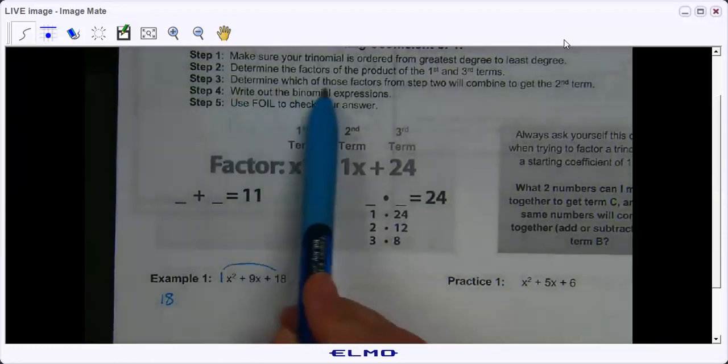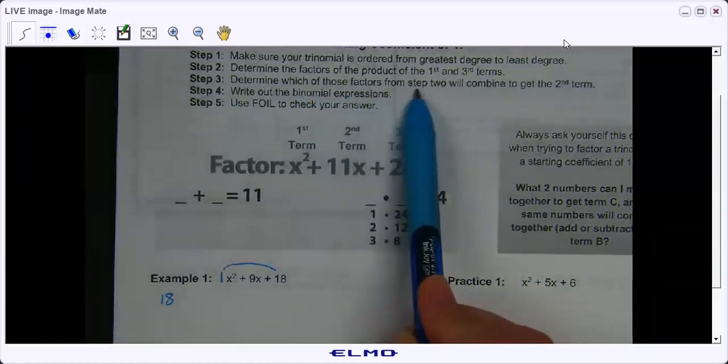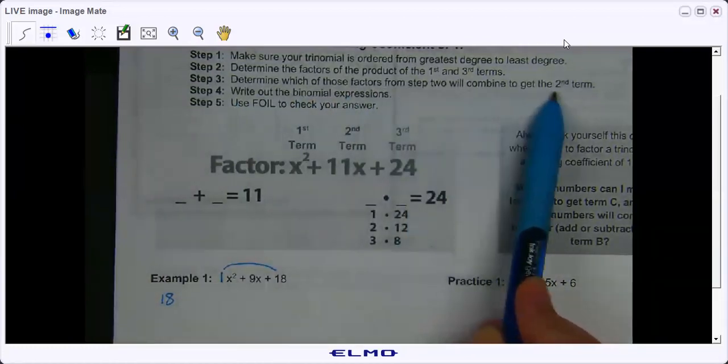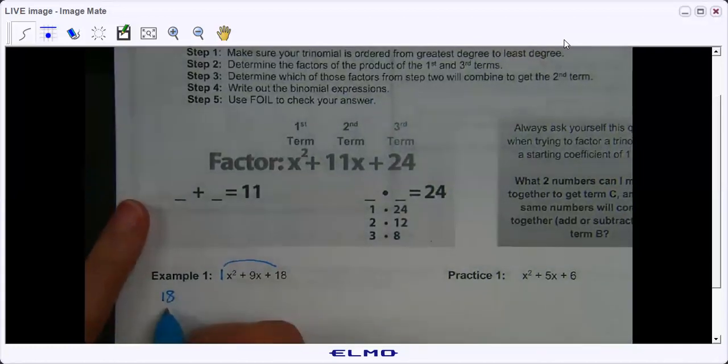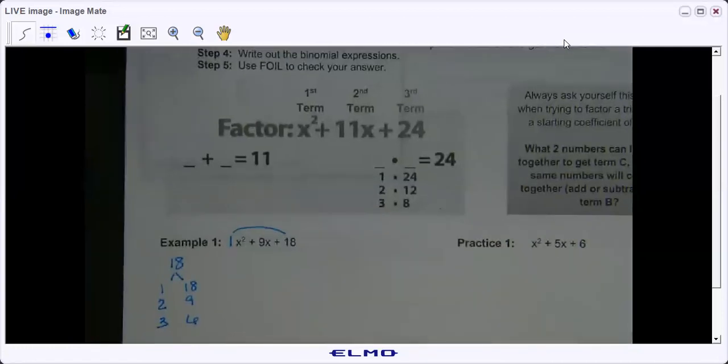Step 3, determine which of those factors from step 2 will combine to get the second term. What does that mean? So you're going to list all the factors of 18. Okay. And so I have, and this is a positive 18. So 1 and 18, 2 and 9, 3 and 6. Those are all of the factors of 18.